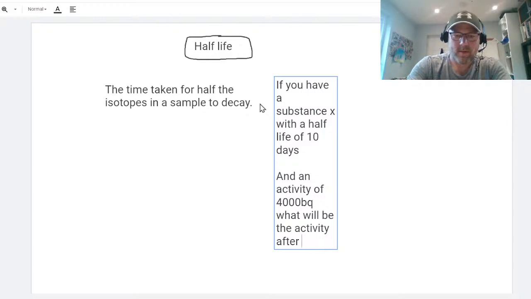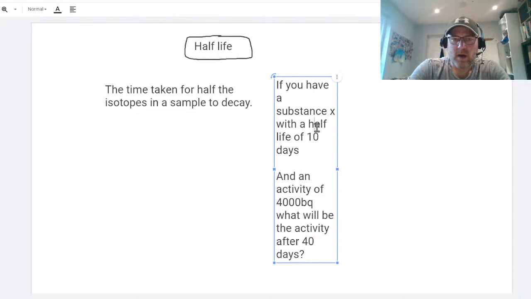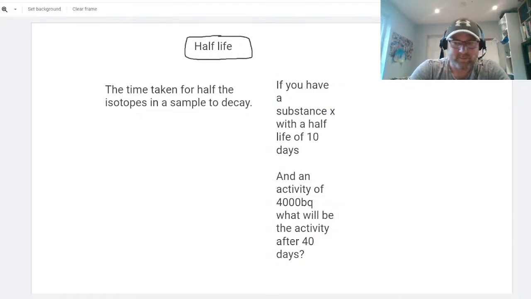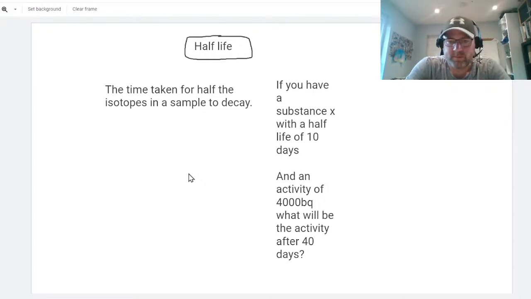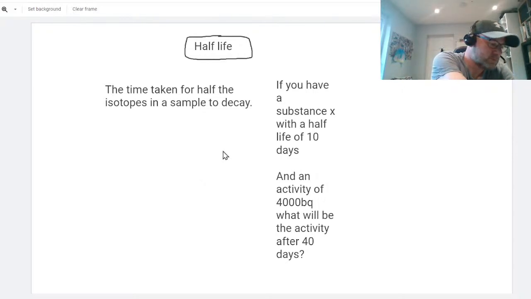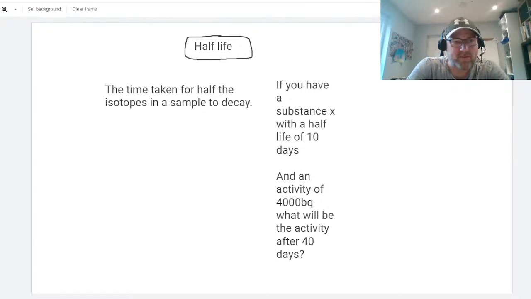Some long question. Okay, so if you've got a substance with a half-life of 10 days and a starting activity of 4,000, what will be the activity after 40 days? So, let me work through this one and then I'll give you guys another one.